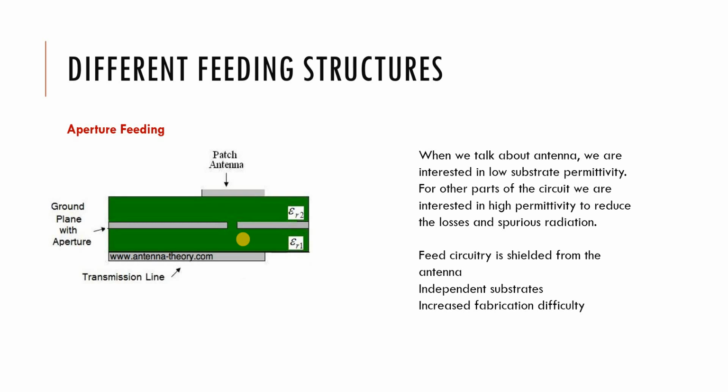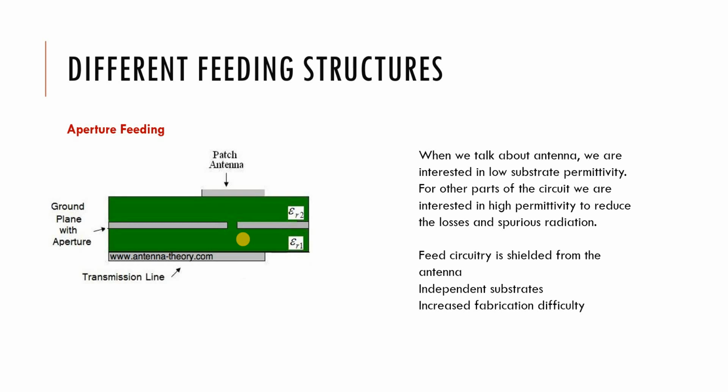But for designing a microstrip patch antenna, we are interested in a low substrate permittivity. There is a trade-off between them, and this kind of structure increases the fabrication difficulty because it's a two-layer PCB and difficult to fabricate.